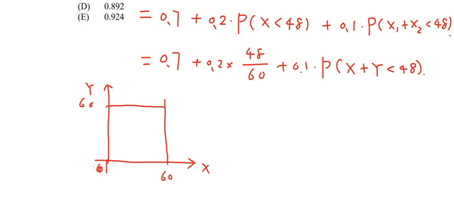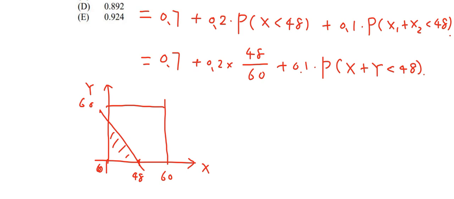Okay, so x plus y less than 40A. So this line is 40A. So here's 40A. Okay, so we just find this probability. X plus y less than 40 is this part.